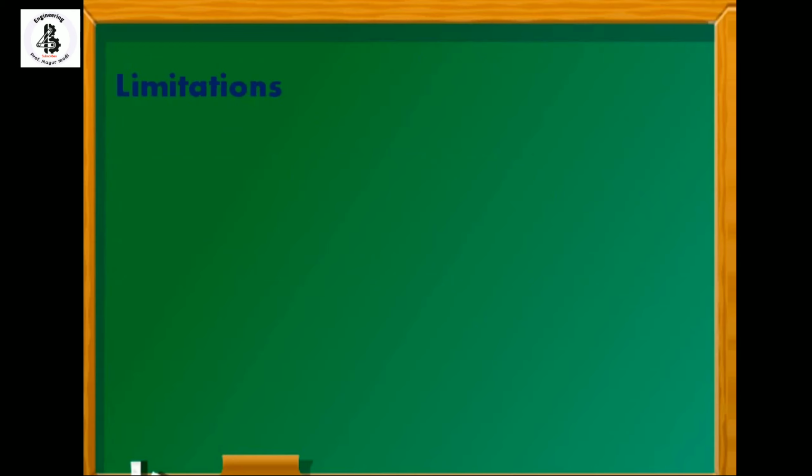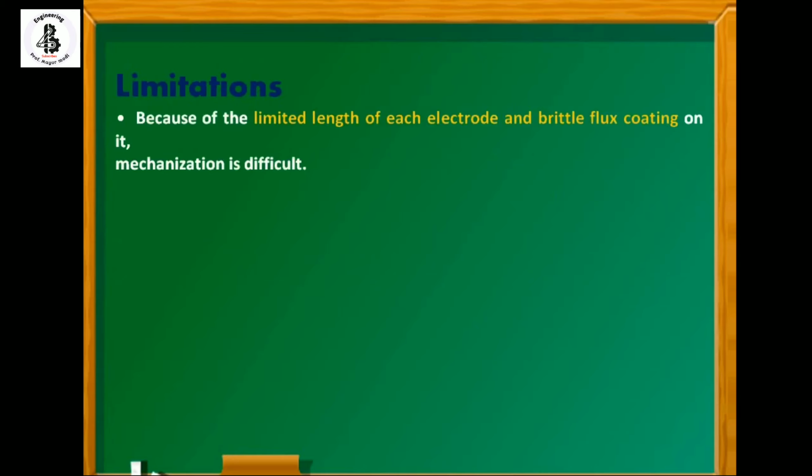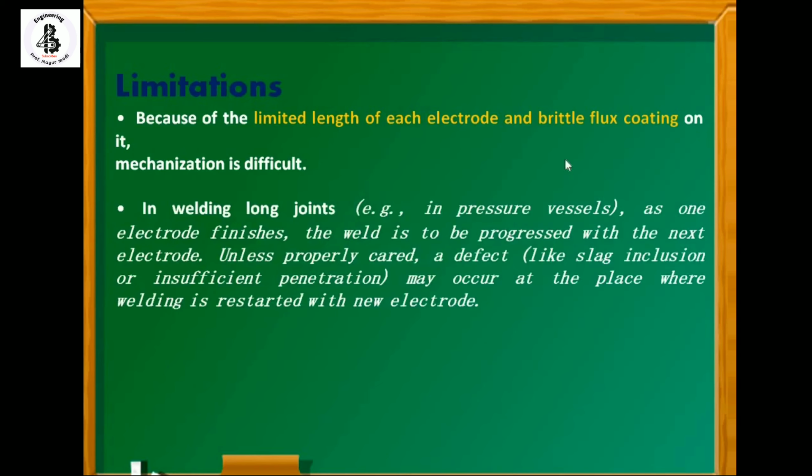Then, limitations of SMAW. Because of the limited length of each electrode and the brittle flux coating on it, the mechanism is difficult to control. That is one of the disadvantages, or limitations, of the SMAW process. In welding long joints, as one electrode is finished, the weld has to be progressed with the next electrode.